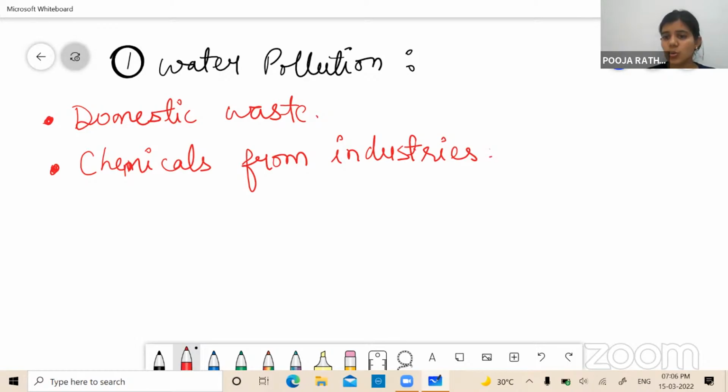And what do they do? They just throw the chemicals or the byproducts that are made in their industries into the rivers only. They do not dispose of that material in any other form, by burning it, or burying it in soil, or throwing it to distant areas or anything like that.